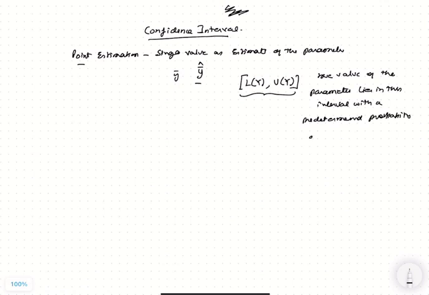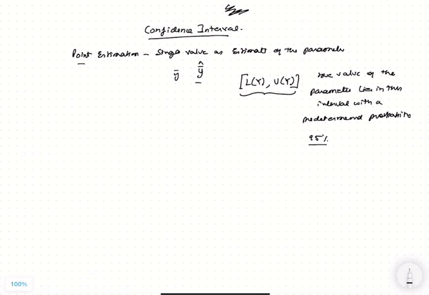We say 95% probability, but the way we call it is 1 minus alpha. So 1 minus type 1 error, which we set as 0.05, for example. That will give us a 95% probability.